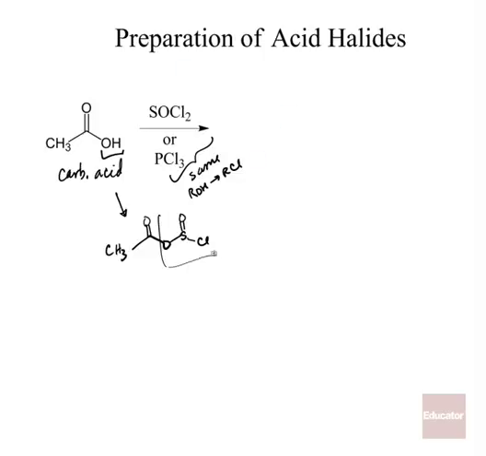What you do is you make a really great leaving group, one that's so great that even a chloride can displace it and kick it out. So you can, in fact, make the acid chloride this way using either SOCl2 or PCl3. If you ever need to make an acid chloride, you have to start with a carboxylic acid starting material.